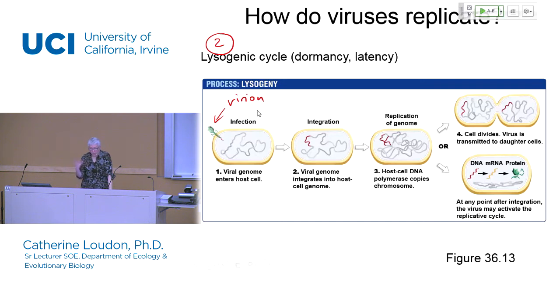So once the viral particle or virion comes in contact with the host cell and injects its genome, or its genome ends up in the host cell depending on what kind of virus it is, then the next step is where it's completely different. The next step is labeled here integration, where the viral genome is actually integrated into the host cell genome.